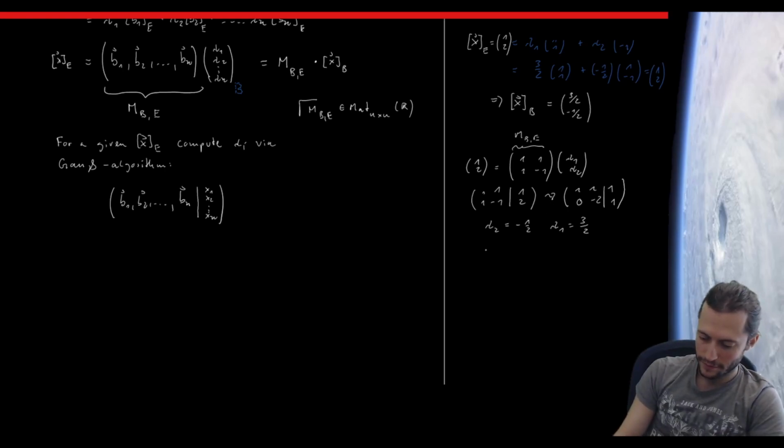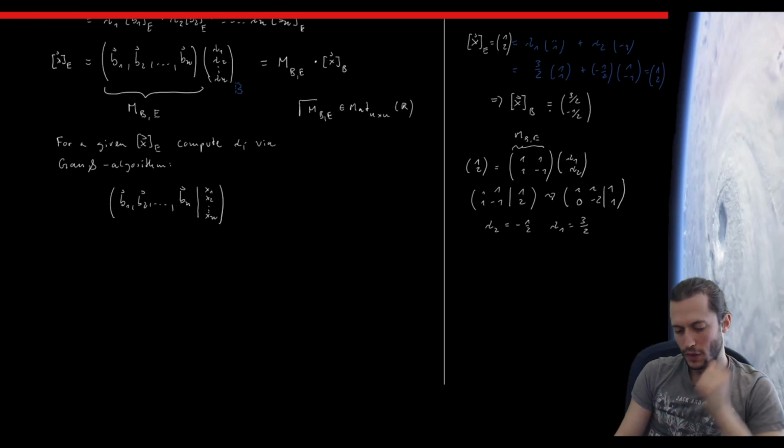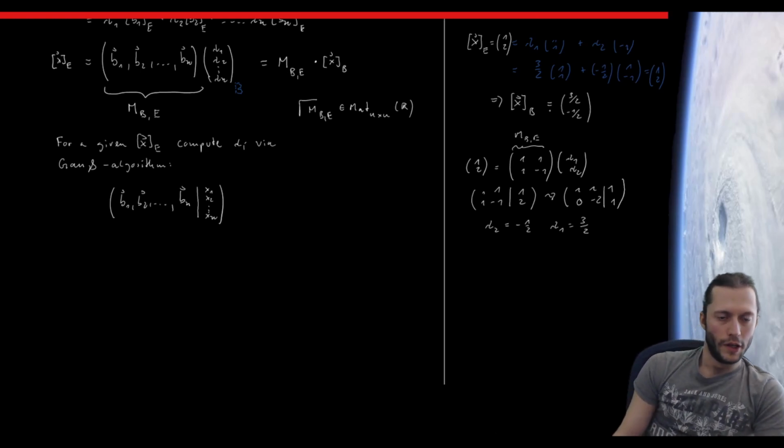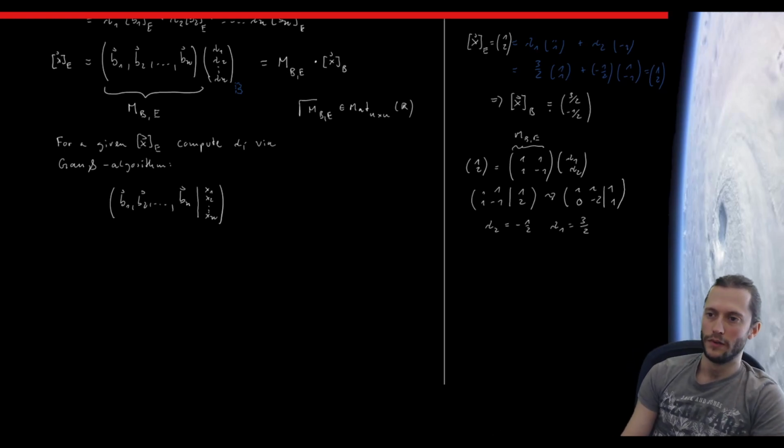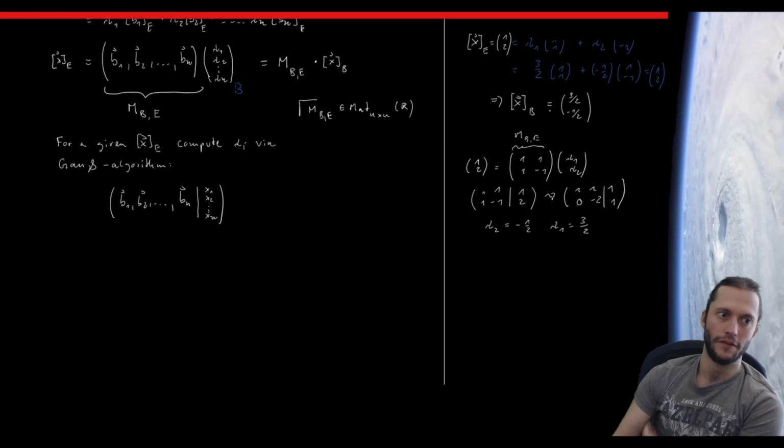And also we get, as before, the coordinates of x with respect to B being that. Very nice. So if you want to have the coordinates of a vector x in a new basis coming from the standard basis, you can do this.